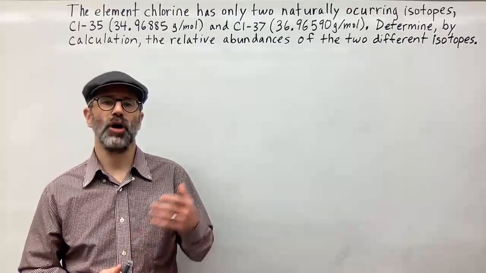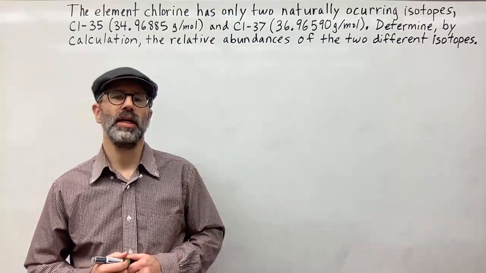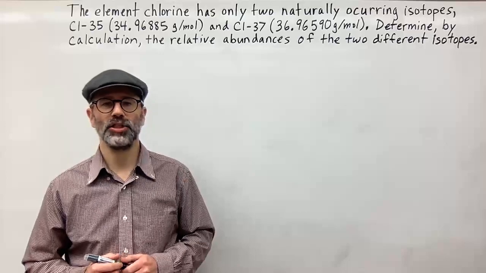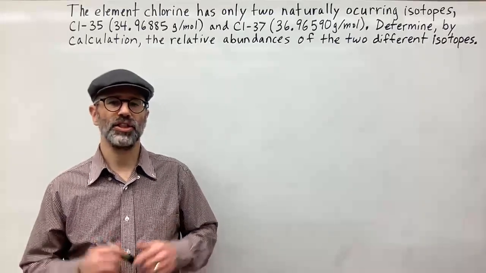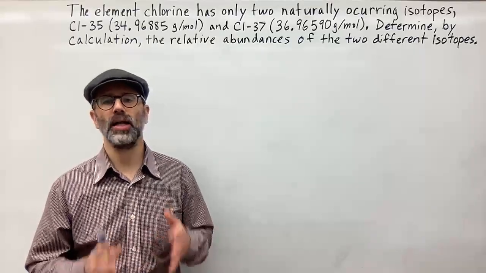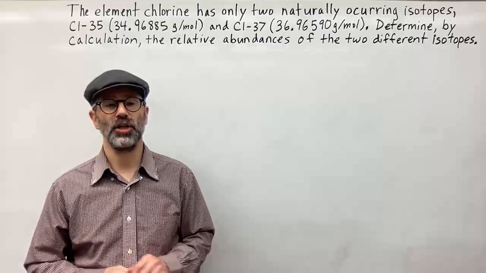And then they give you Cl37, or chlorine 37, and the molar mass is 36.96590 grams per mole. And then they ask, determine by calculation the relative abundances of the two different isotopes.